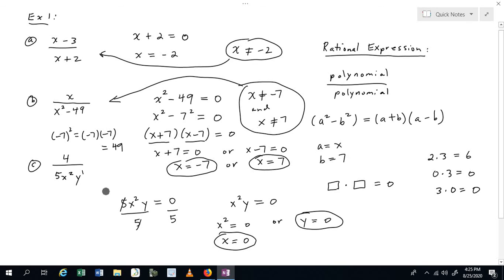So in both cases, when you plug 0 in, whether you plug it in for x or y, you get 4 divided by 0, which is undefined. And so for that reason, the restriction is x cannot be 0 and y cannot be 0. It just doesn't make sense when that happens because you get undefined out. Okay, so that's the restriction for this rational expression.